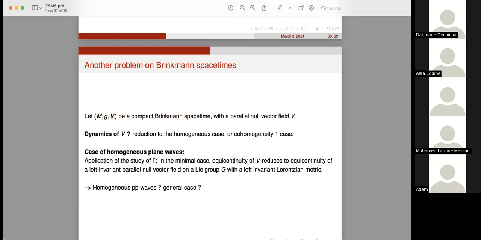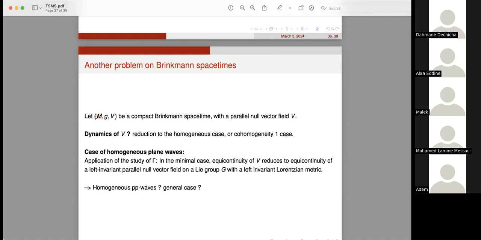In the case of homogeneous plane waves, when we know the position of gamma, when we know that gamma is a co-compact lattice in some connected Lie group which acts simply transitively, the compact manifold M will be the quotient of a Lie group with a left invariant metric by a lattice.